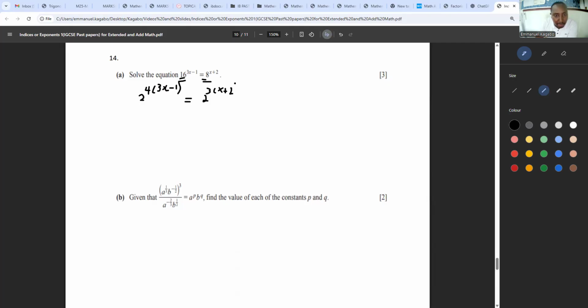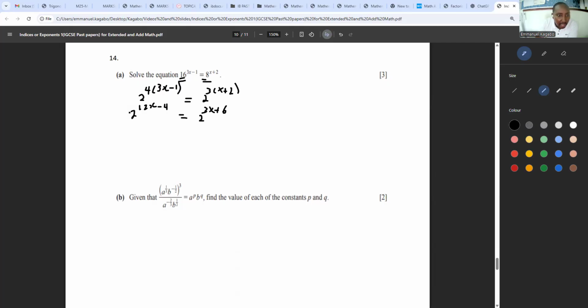Writing this step, 1 mark in the exam will be given. You can check on the marking scheme. Very important step. So it will be 2 power 4 times 3x gives me 12x minus 4 equals 2 power 3x plus 6, guys. Is that okay here?